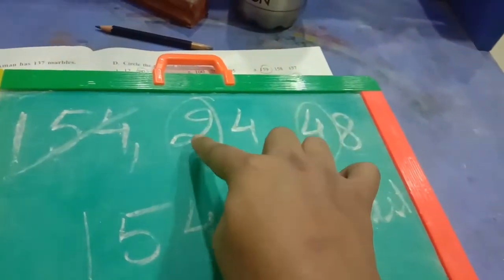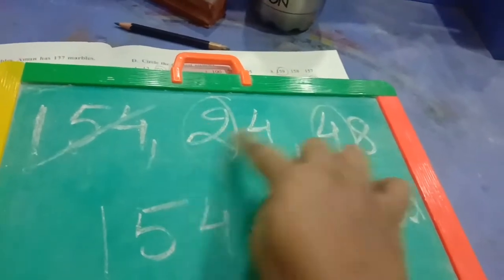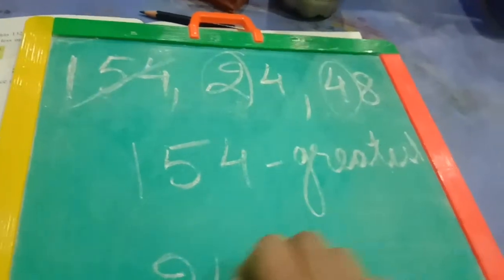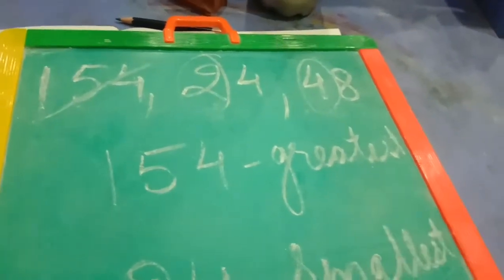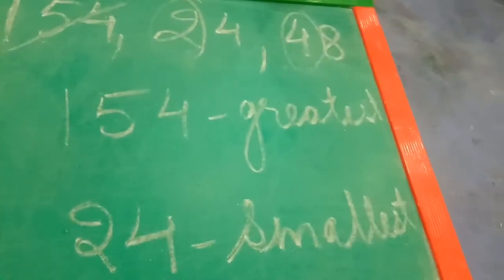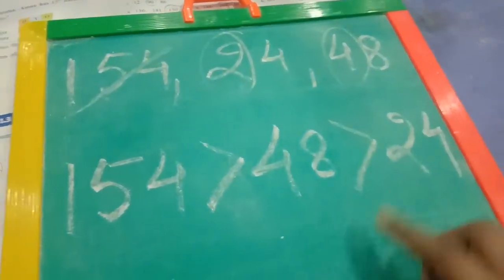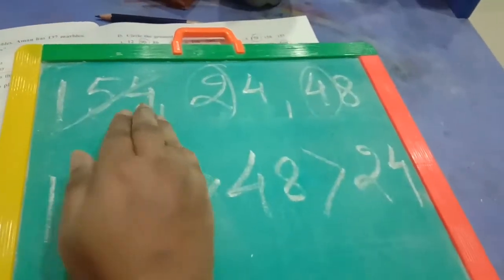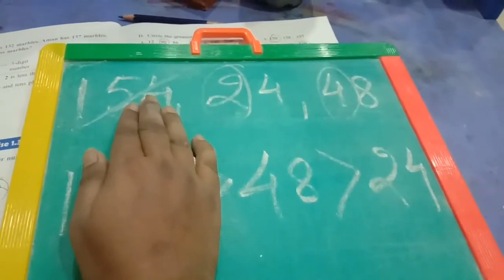So first 154, second 48, and the third place is 24, the last one, the smallest one. So 24 is the smallest number. It looks like this: 154 is greater than 48, then 48 is greater than 24. Understood, children?